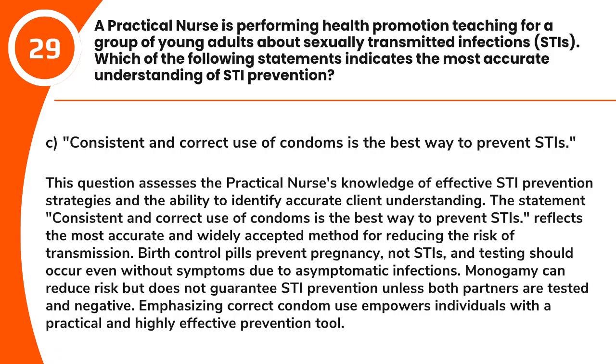Birth control pills prevent pregnancy, not STIs, and testing should occur even without symptoms due to asymptomatic infections. Monogamy can reduce risk but does not guarantee STI prevention unless both partners are tested and negative. Emphasizing correct condom use empowers individuals with a practical and highly effective prevention tool.